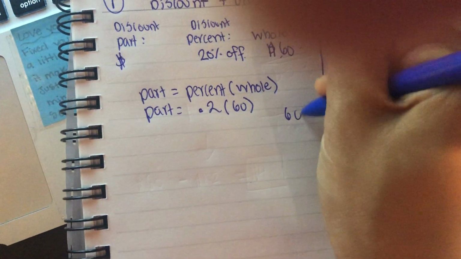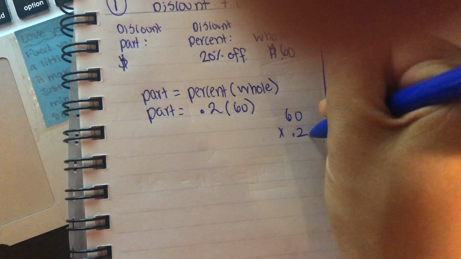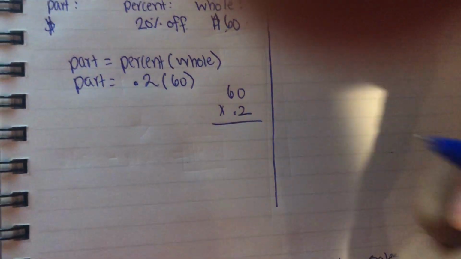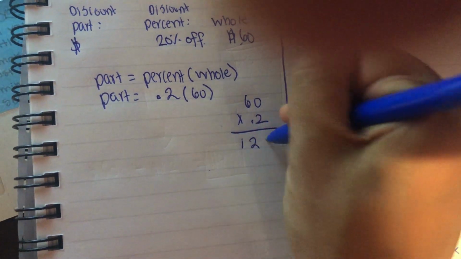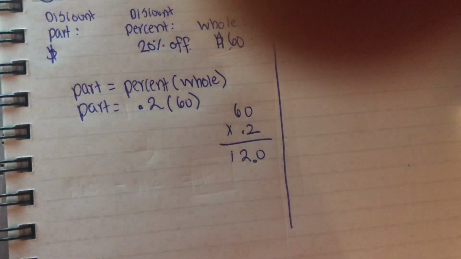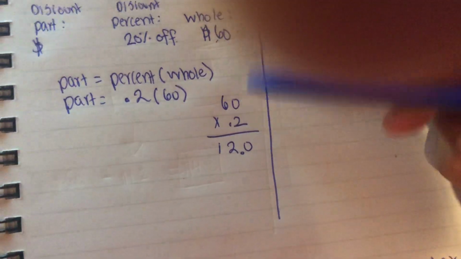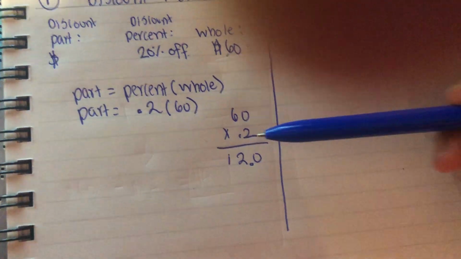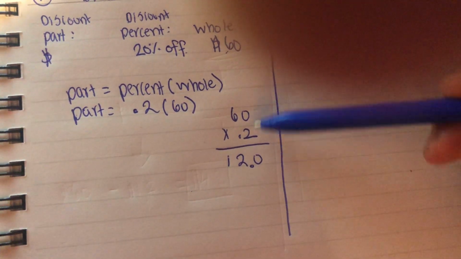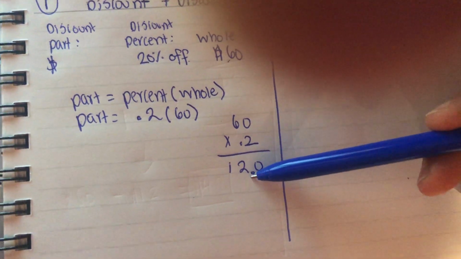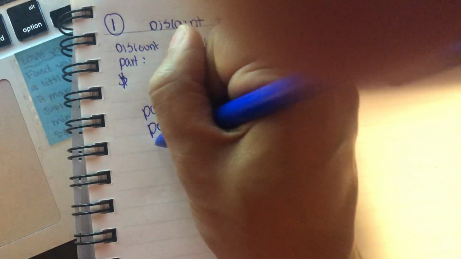And if I'm multiplying 60 times 2/10, that's going to give me 12, right? It's almost the same as 6 times 2. So 60 times 2 gives me 120, but this is 60 times 2/10, so that's actually going to give me 12. And what this means is my part is $12.